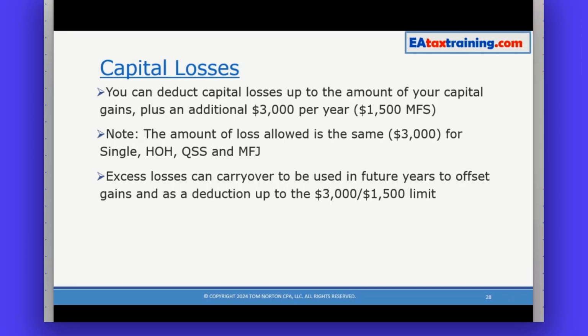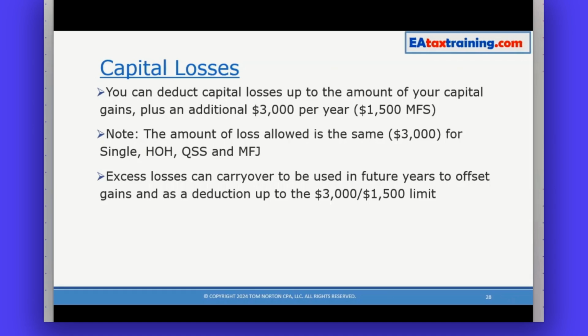You can deduct any capital losses as long as you've got enough capital gains to cover them. So if you had $10,000 of capital gains during the year and $7,000 of capital losses, you can deduct all of those losses to offset the gains, and you'd have $3,000 of net capital gain.